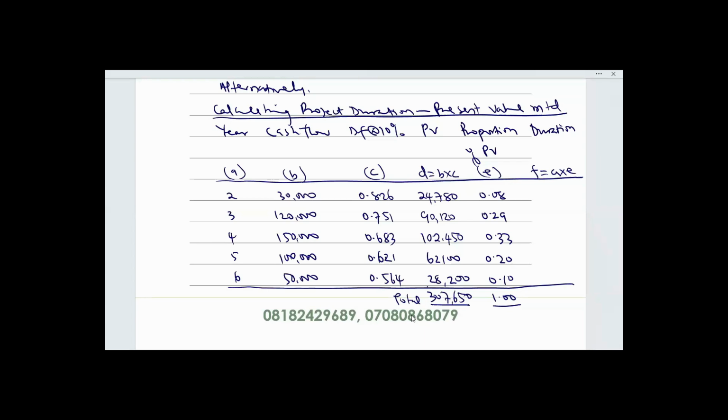To get the duration, you multiply the proportion with the number of years. Therefore, 2 multiplied by 0.08. What do you get? 0.16. Next one, 0.87.